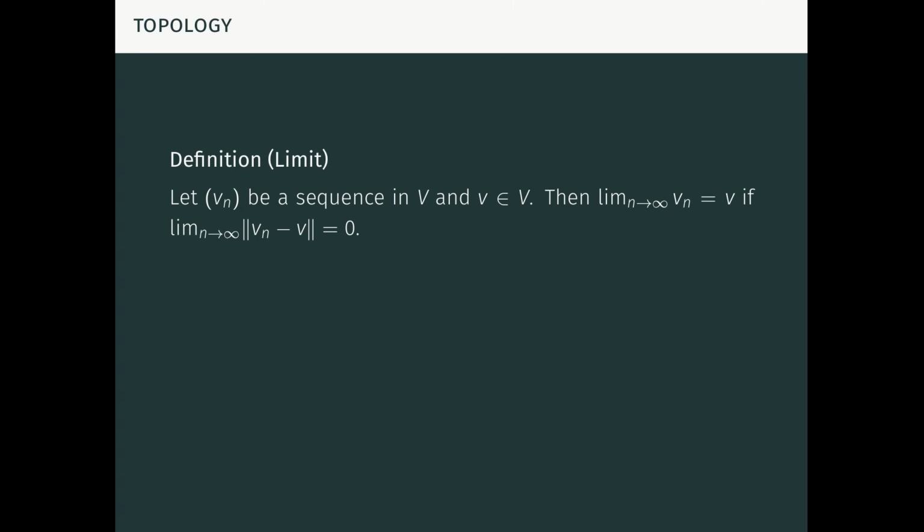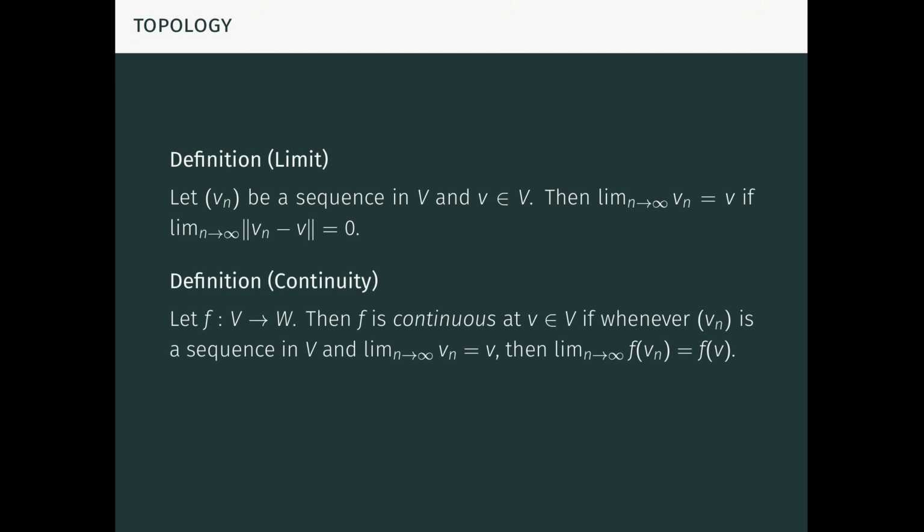So intuitively what we're saying is that the vectors v_n converge to v if the distances between them go to 0 as n goes to infinity. At first glance, this looks a little circular, but it's really not, because we're defining the notion of convergence in the normed linear space V in terms of the notion of convergence in the real numbers R, which we already know about.